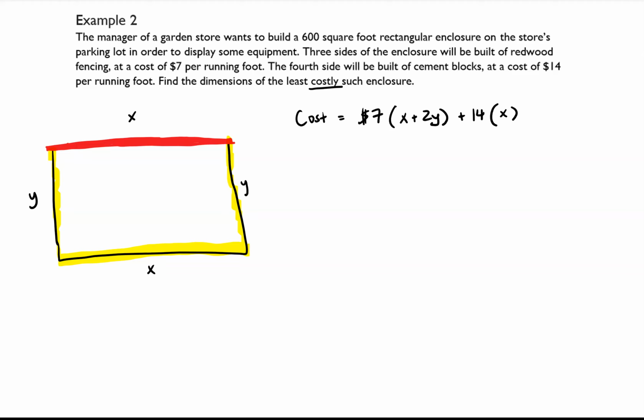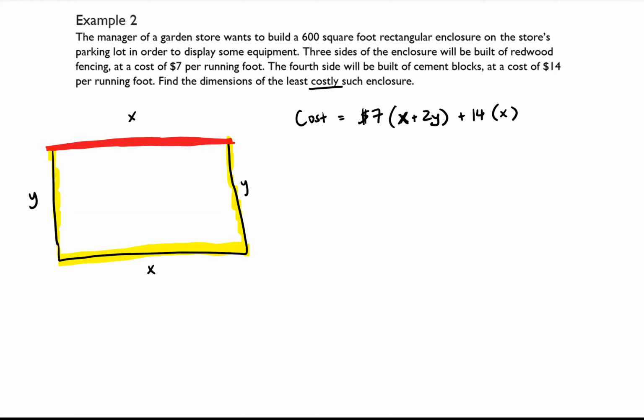But the issue is normally when we want to minimize or maximize something, that's when we take the derivative of that function. However, our function currently contains 2 variables, and that's problematic because we can't take the derivative yet. And so we need to somehow make it so that our function that we're trying to maximize or minimize is only in 1 variable. However, luckily we know that the area of this rectangle is 600 square feet.